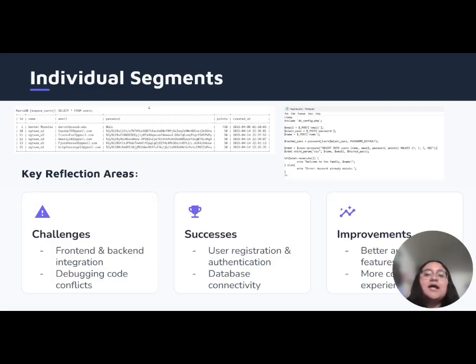After that, I worked directly on the website files hosted on the Windows web server machine. I created backend PHP files such as register.php, login.php, and logout.php to handle user registration, authentication, and session management.